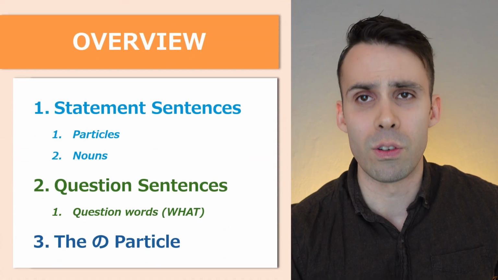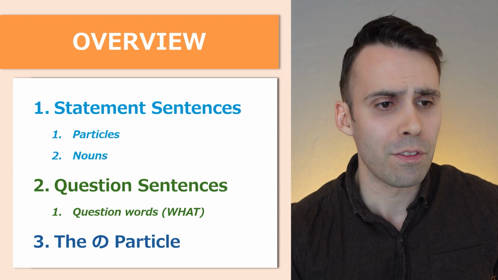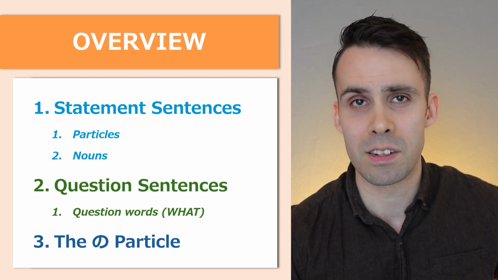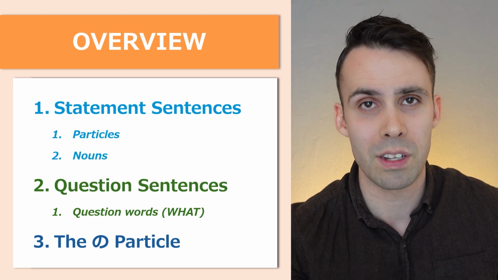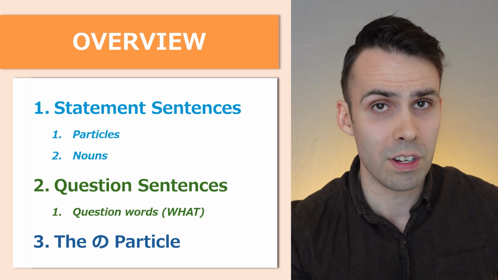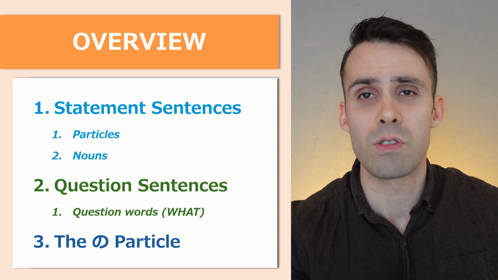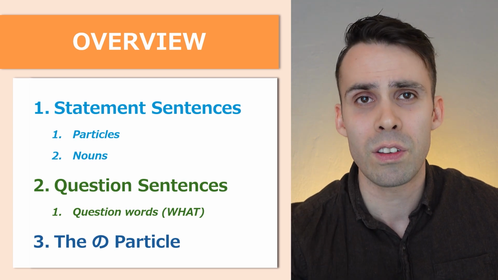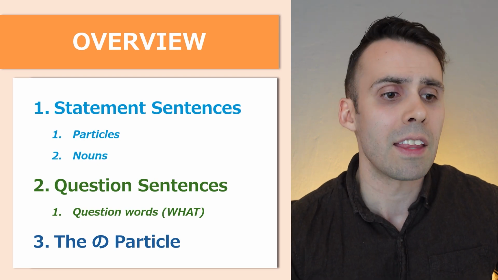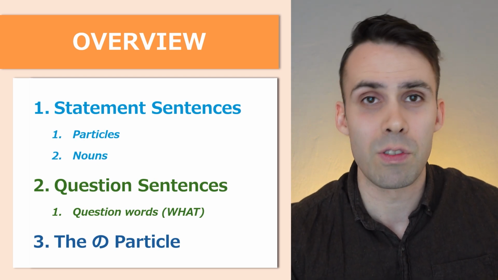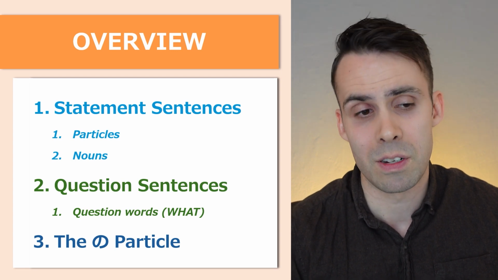Here's a little overview of what we are going to be covering in this video in Lesson 1. The first being statement sentences, being able to say that something is something or simply that something is. In relation to this, we are also going to be looking at particles, which is a special Japanese category of words designed to help you understand the sentence better. And then we are going to be looking at nouns and how Japanese nouns might differ from nouns in some other languages.